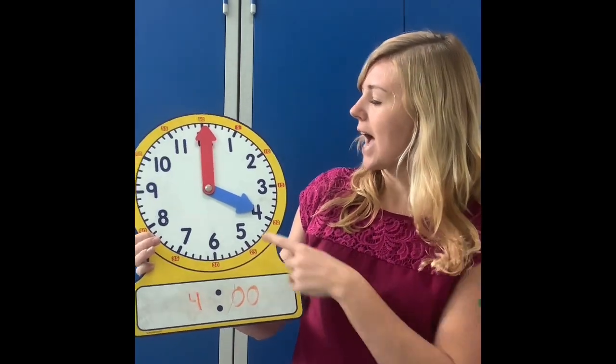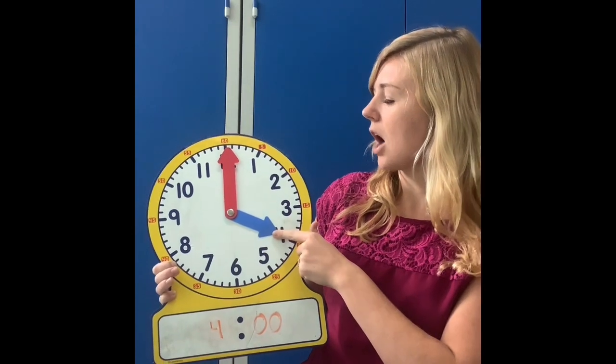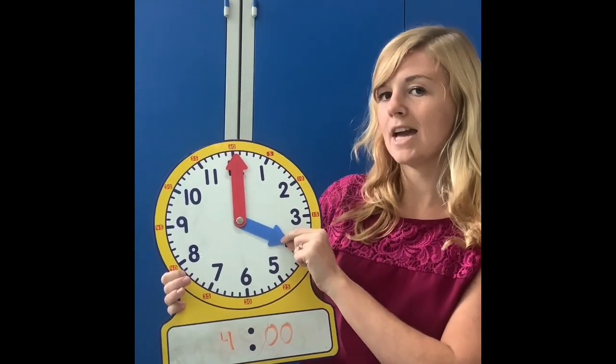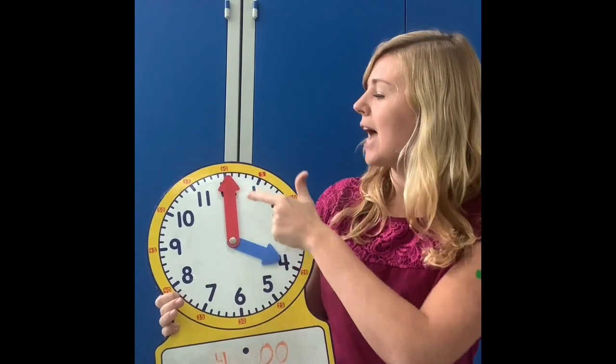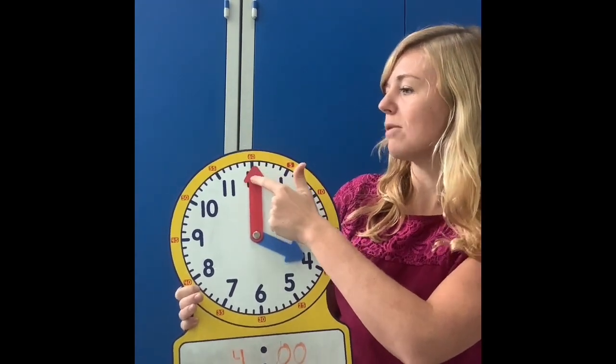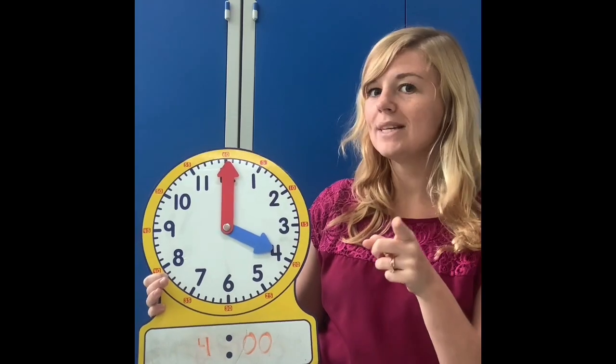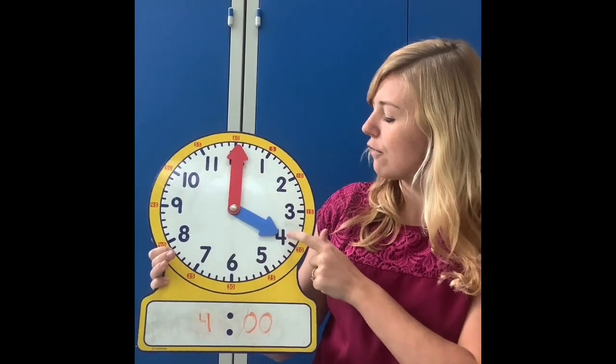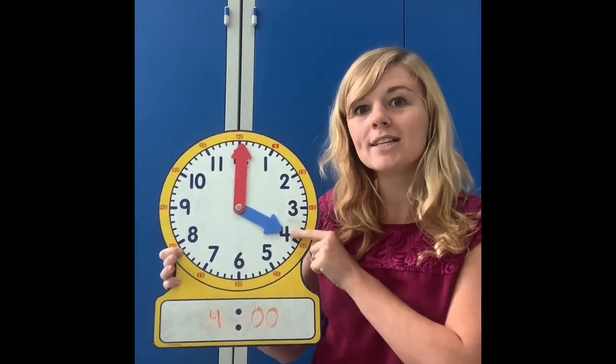Yesterday we learned that on our analog clock, we use our shorthand to show the hours and our longhand to show the minutes. Now, remember what we said, we always look at the shorthand first. So when you look at the shorthand, it's on the 4. The same goes for our digital clock.